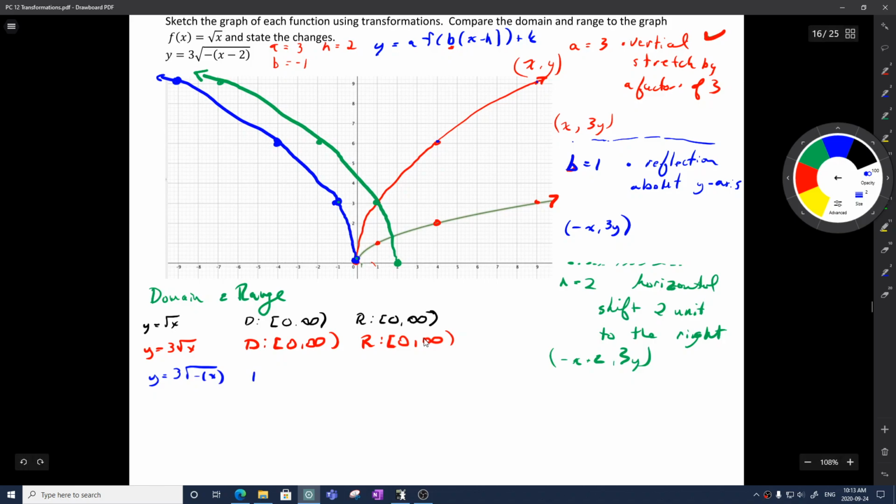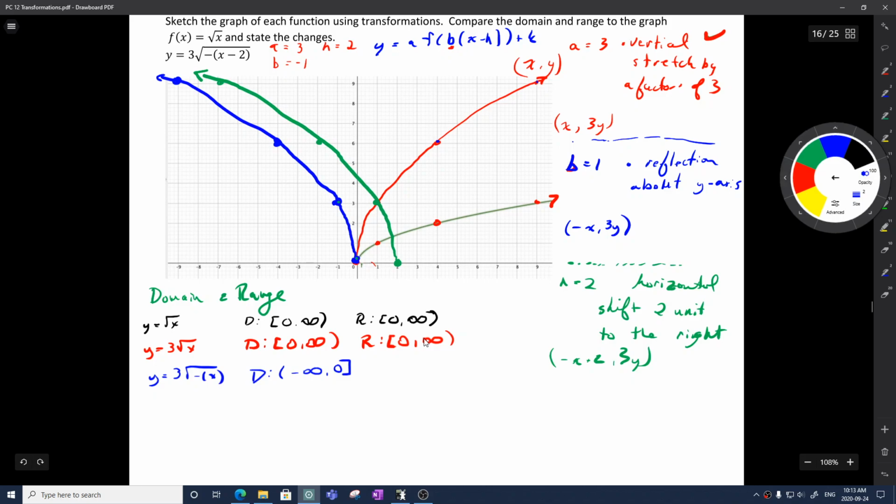It changes the endpoints though. 0 times -1 is 0. Infinity times -1 is negative infinity. And we've seen that in the reflection of the blue graph.